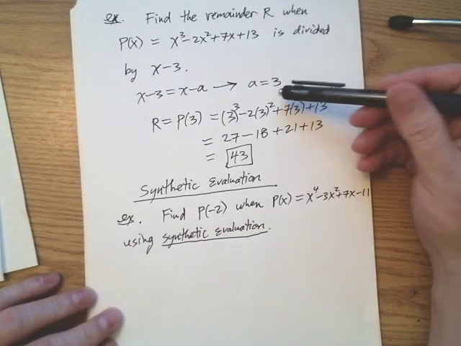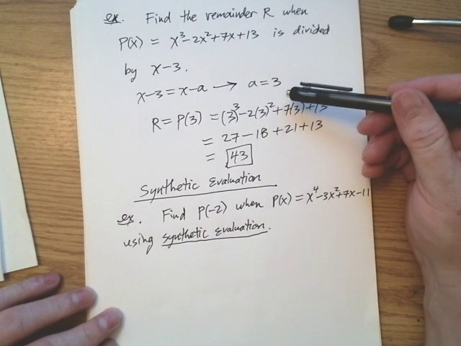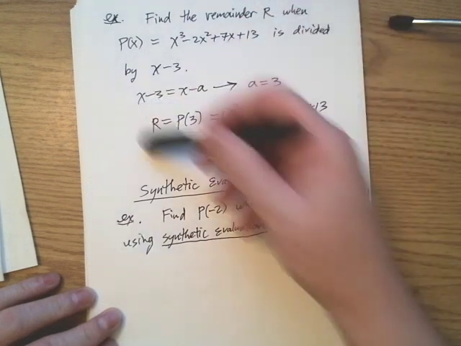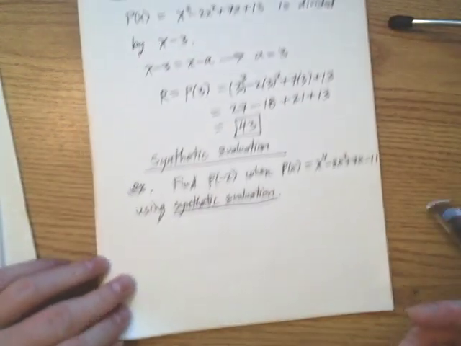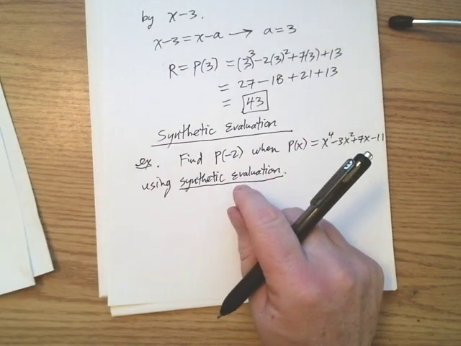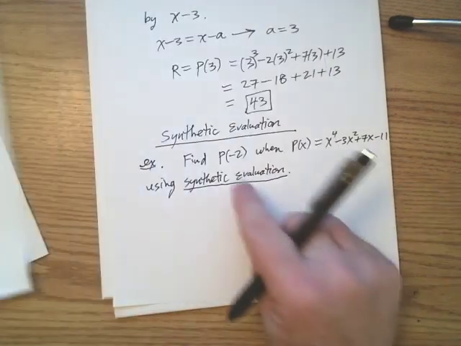So I'm going to do basically the same thing, but I'm going to use synthetic evaluation, which is just the same basic setup as synthetic division, instead of doing this. Okay? So here's all you have to do. Your a in this case, remember it's p evaluated at a, your a is what? -2. Your a is -2.